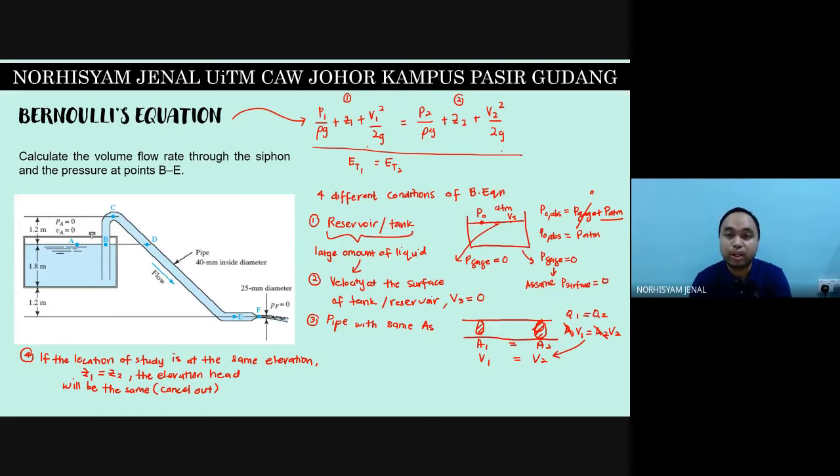If you have more than one unknown, you cannot solve this equation, because the Bernoulli equation is just an equation between 2 different points. We cannot do 3 points at the same time. So it is really important to remember all 4 of these conditions.